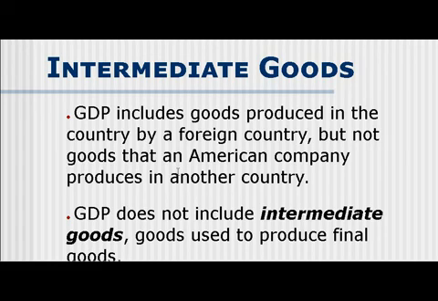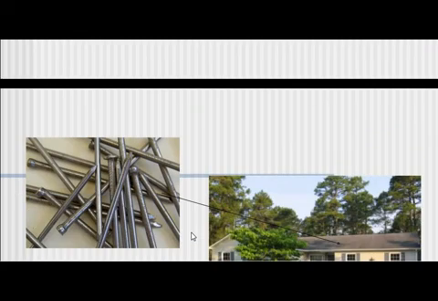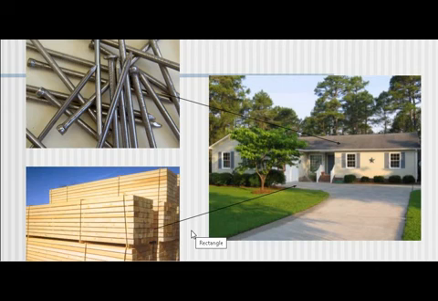Pero yung ibang company na galing sa ibang bansa, nag-establish sa Pilipinas, yung mga na-produce niya, papasok sa GDP natin. GDP does not include intermediate goods, goods used to produce final goods, para ma-prevent yung double counting. So, ito yung mga intermediate goods.